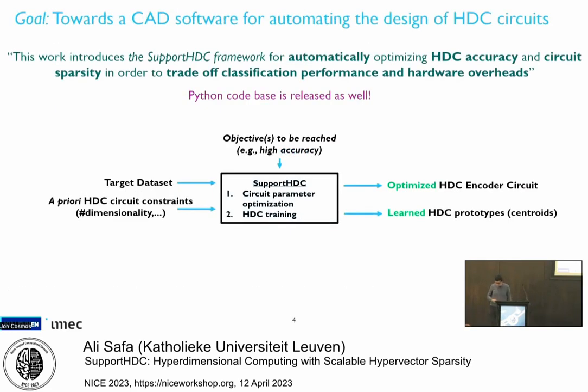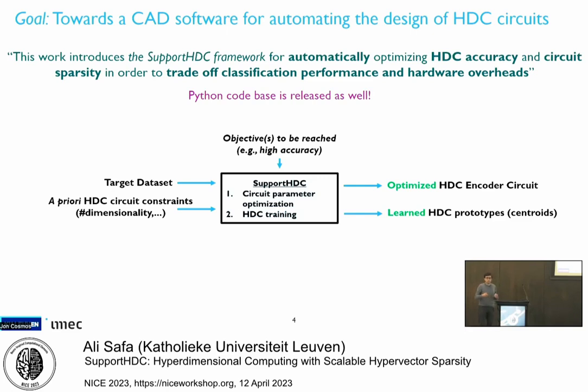So now that we saw a bit the basics of hyperdimensional computing, we can turn our attention to the contribution that we want to make in this presentation. What we want to build is a computer-aided design software that can receive as input a certain target dataset that you want to solve, and a bunch of a priori constraints, for example, the dimensionality of these hypervectors. We'd also receive as input an objective that you want to reach.